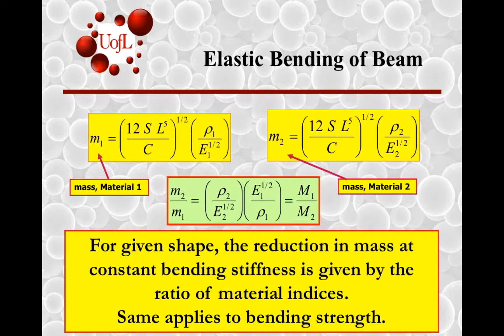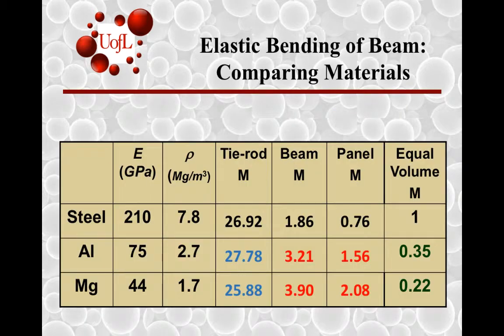Let's put all these possibilities into practice. Here is an overall scenario where you initially have a steel component and you're dealing with elastic bending. It could be a tie rod, it could be a beam, it could be a panel. Now steel has a modulus of 210 and a density of 7.8.